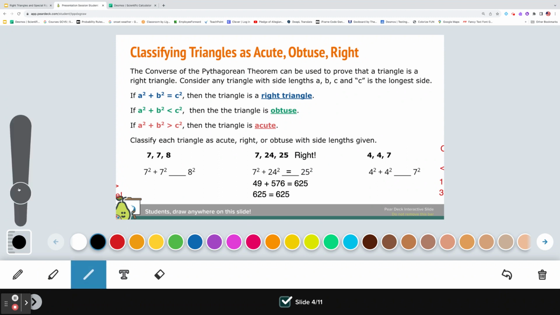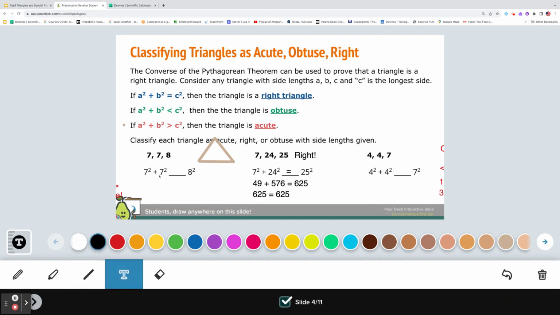So if I were to sketch that out, and it's not going to be a perfect sketch, and I put 8 on the bottom and 7 like this, these three angles will probably be acute. But let's use this, that if A squared plus B squared is greater than C squared, then the triangle is acute. So let's compare 7 squared plus 7 squared to 8 squared.